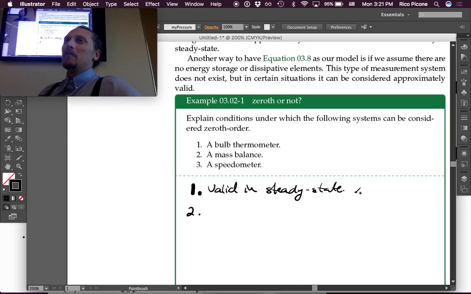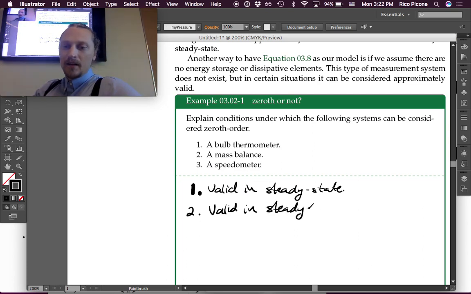We don't expect that it's going to be right when we change it for a while. We expect that it's going to be wrong for however long, a few seconds, a few minutes, and then it's going to slowly be right. So once again, valid in steady state.